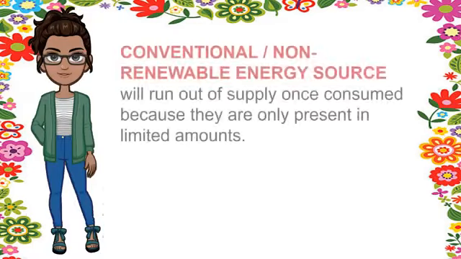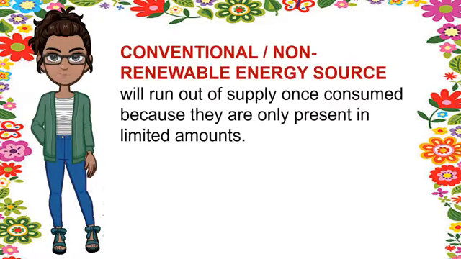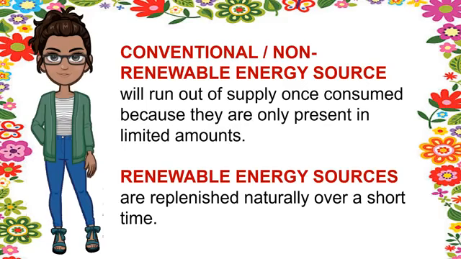Conventional or non-renewable energy sources are the oldest sources of energy like coal and petroleum. Conventional energy sources are limited. They will not last forever and will eventually run out. Renewable energy, on the other hand, uses energy sources that are continually replenished by nature: the sun, the wind, water, the earth's heat, and plants.